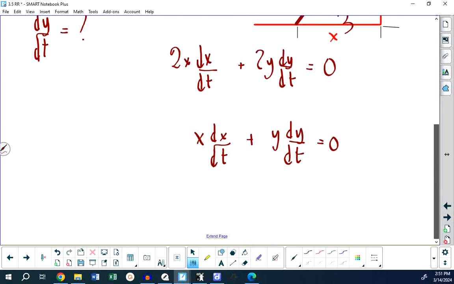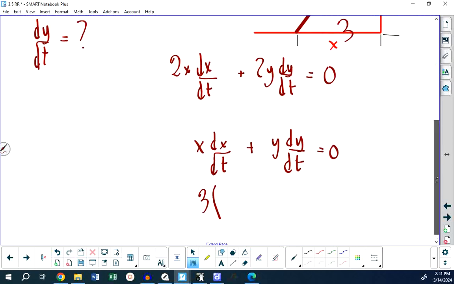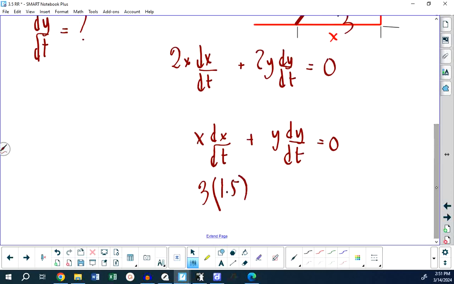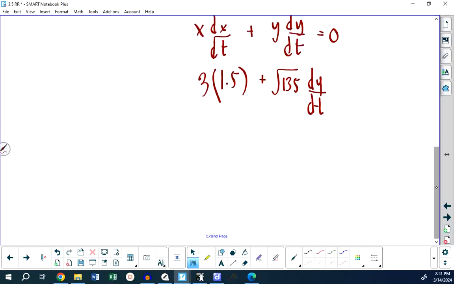Put the numbers in. 3, 1.5, root 135, dy/dt equals 0. So negative 4.5 is what I get here.